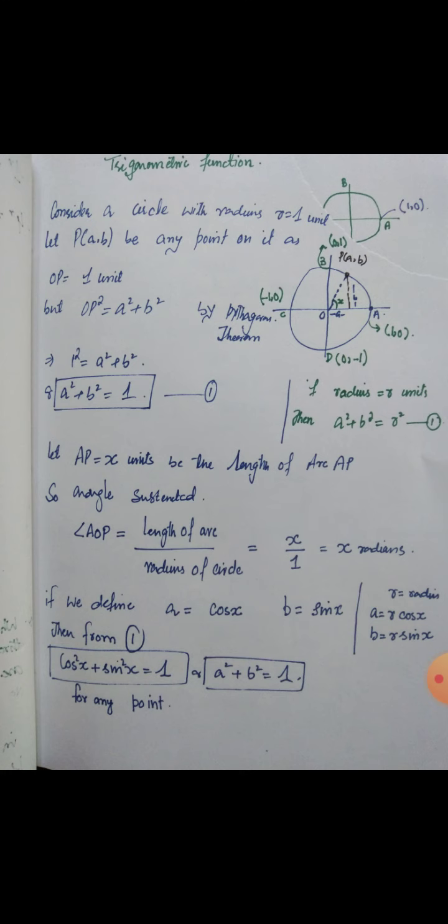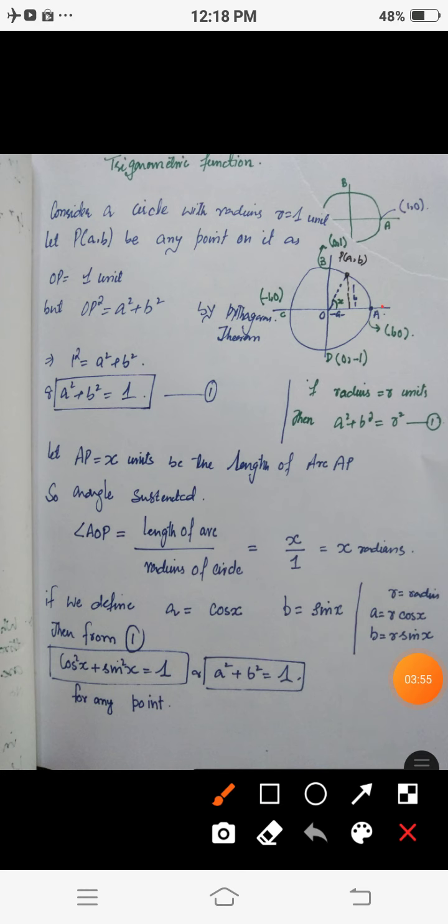Now let us consider the arc AP. Let us suppose that its length is x units. When its length is x units, then by the definition of angle subtended at the center, the angle subtended by this arc at the center of the circle is angle AOP, and this equals, by definition, the length of arc upon the radius.